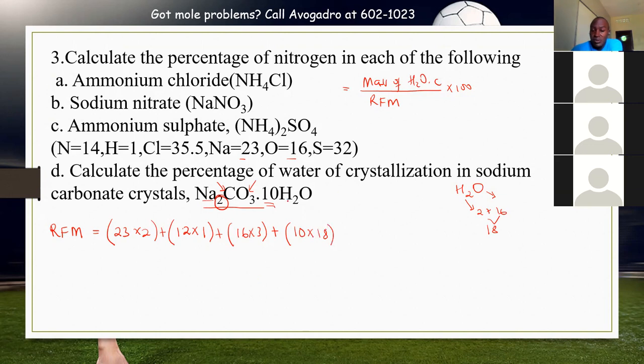You can do it the other way around. You can first find for hydrogen, you can say hydrogen alone, we have 1 times 20 because there are 20 atoms. Plus oxygen, we have 16 times 10. 20 plus 160 will be 180. So either way, you get the same thing.